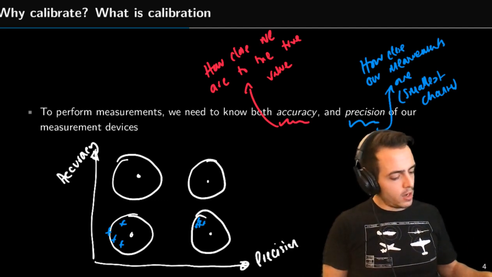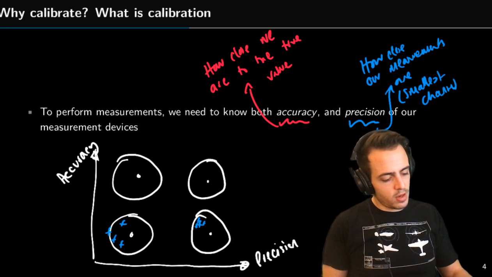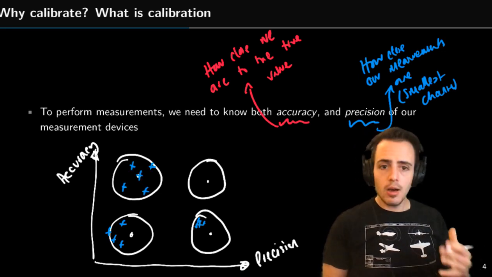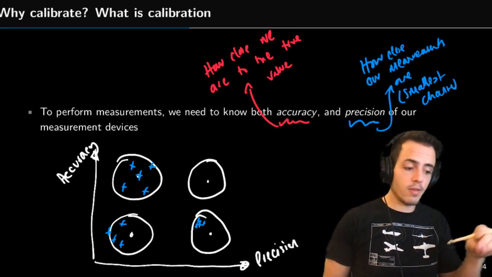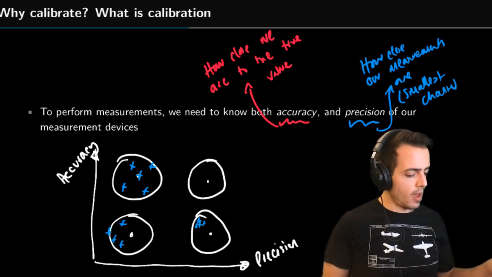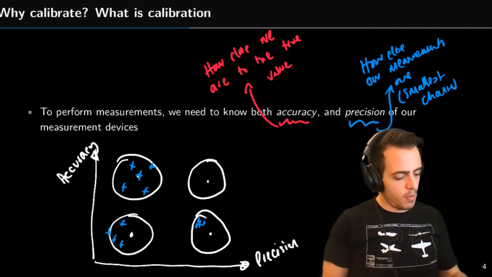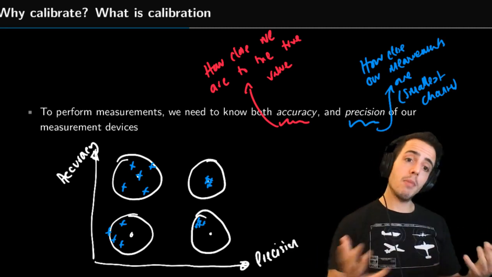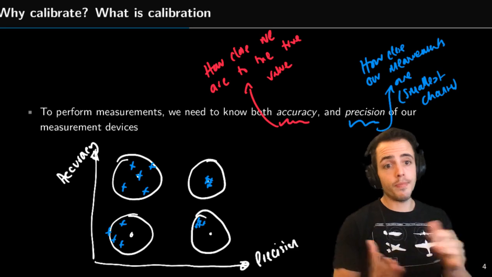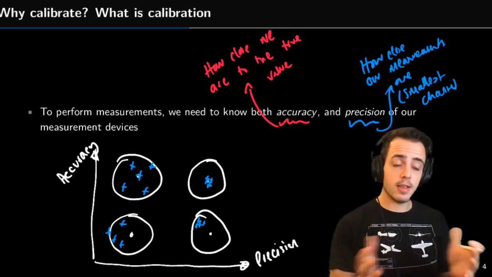Over here, we have high accuracy, low precision. We have a good spread around the bullseye, but if we took the average of them all, they're pretty centered around the actual bullseye. And if we have high accuracy and high precision, all of our readings are around that center point.